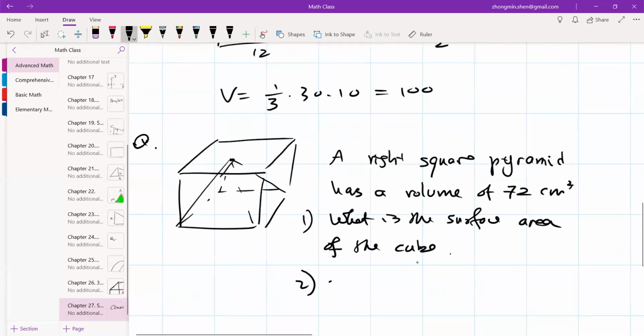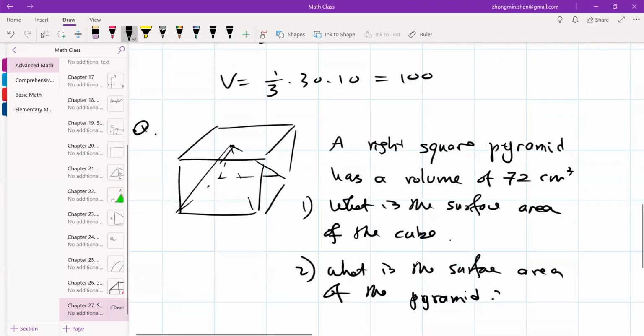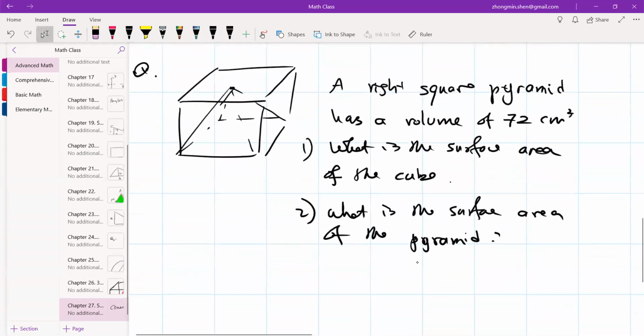Okay, so the first problem is a little bit easier to solve. You work out the first one, and I'm trying to help you work out the second one.